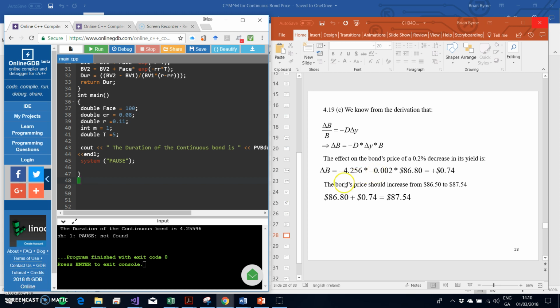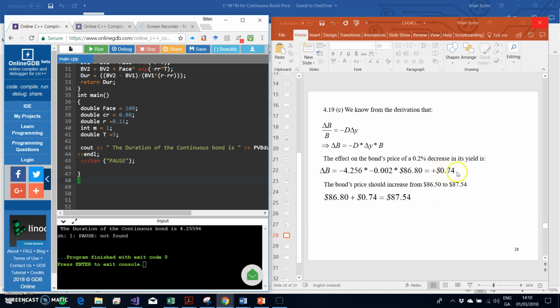Given the numbers we had up to now, a reduction of 0.2% in the interest rate should produce, using this duration model, a change in the bond price of 74 cents.